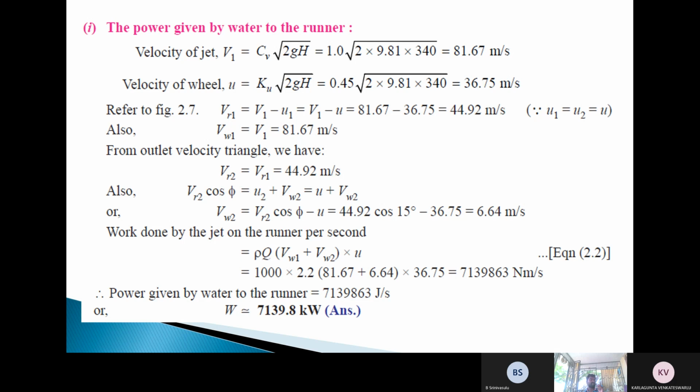Next, to calculate the power given by the water to the runner, that equal to 7139863 joules per second. Therefore, W equal to 7139.8 kilowatts.